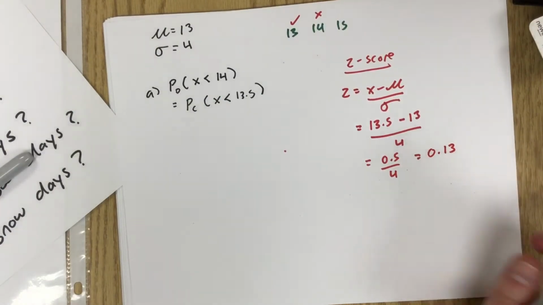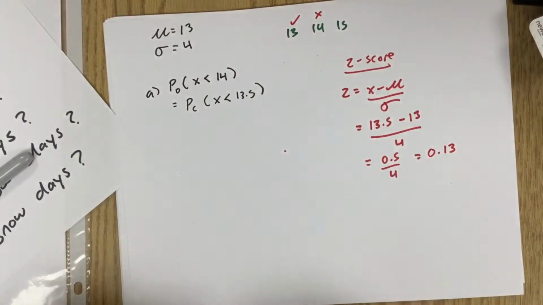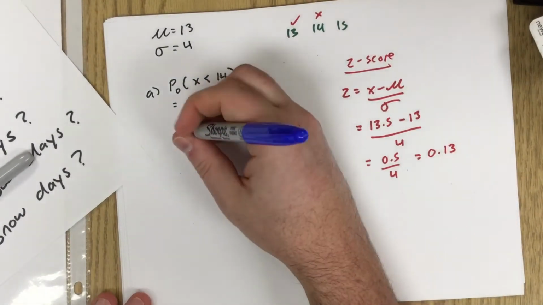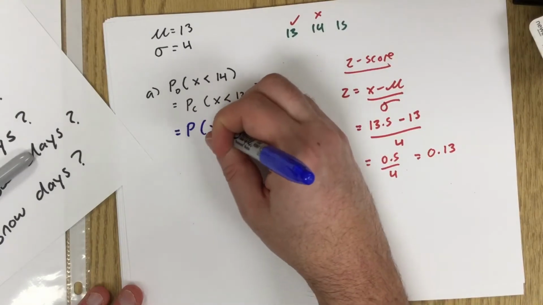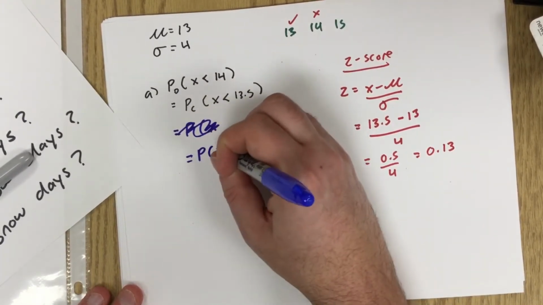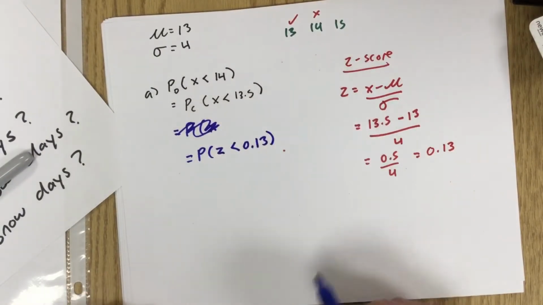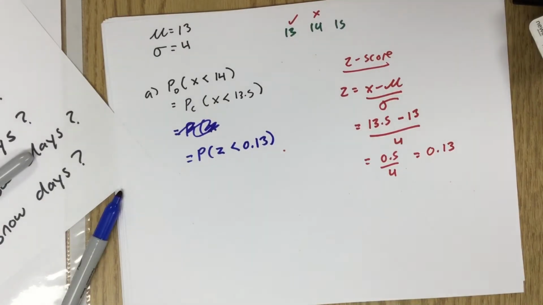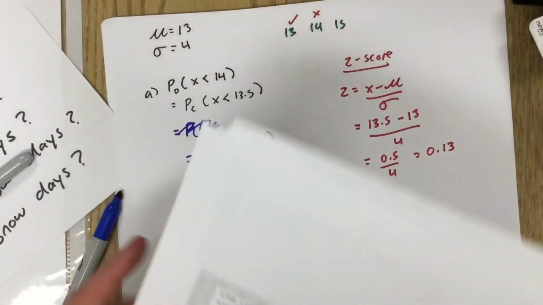So in fives we round up. So what happens now, this changes. This is going to be the probability that z is less than 0.13.